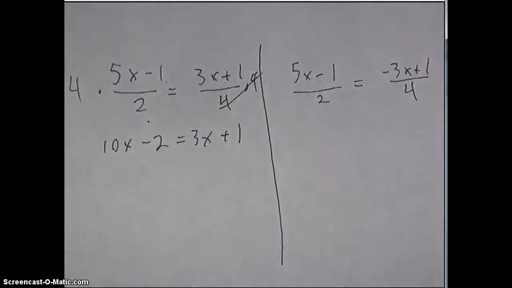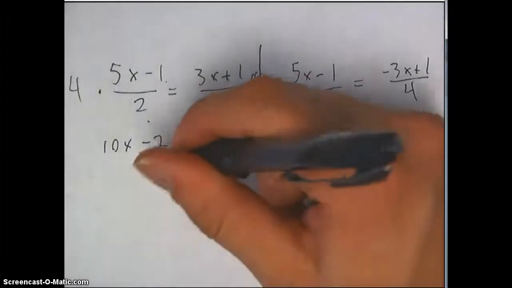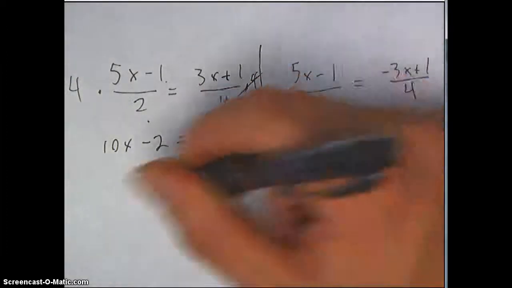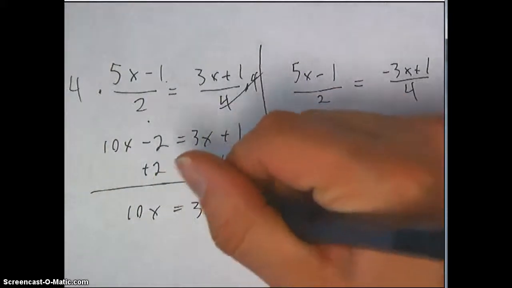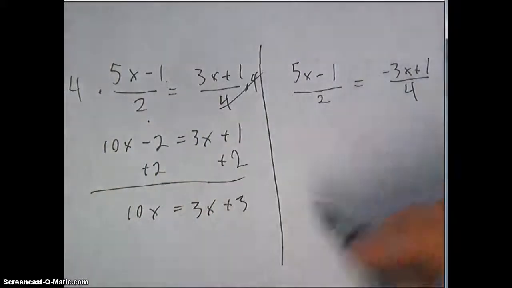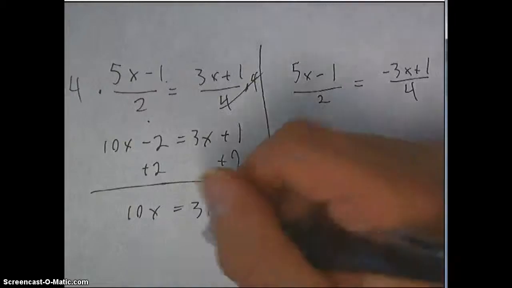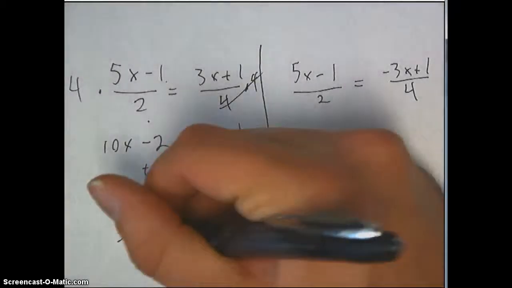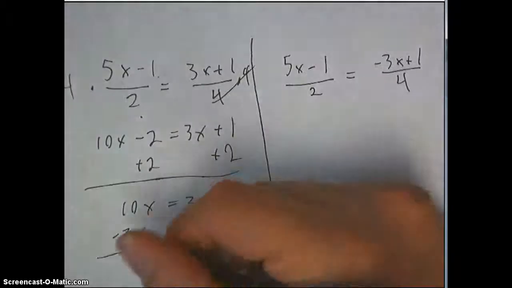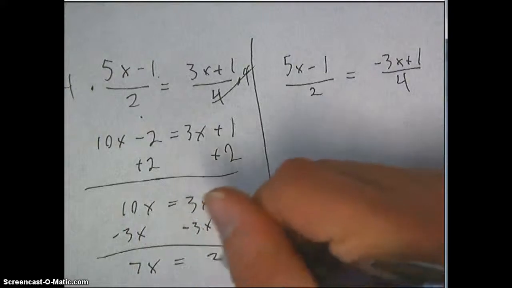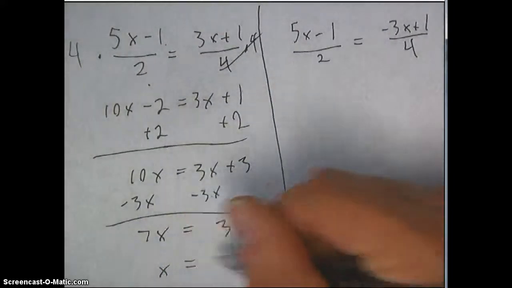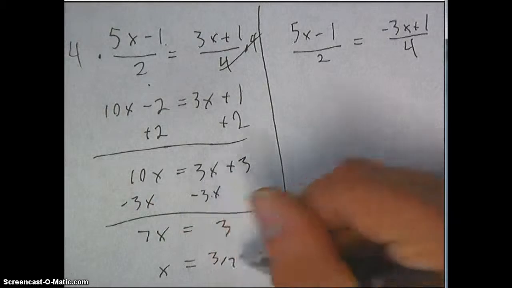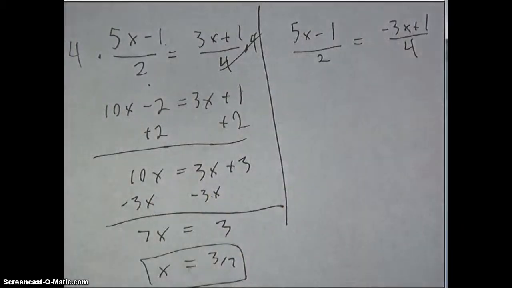I'm going to go ahead and add 2 to both sides. 10x equals 3x plus 3. Subtract the 3x. 7x equals 3. And then, of course, x equals 3 over 7. That's one of the two solutions.